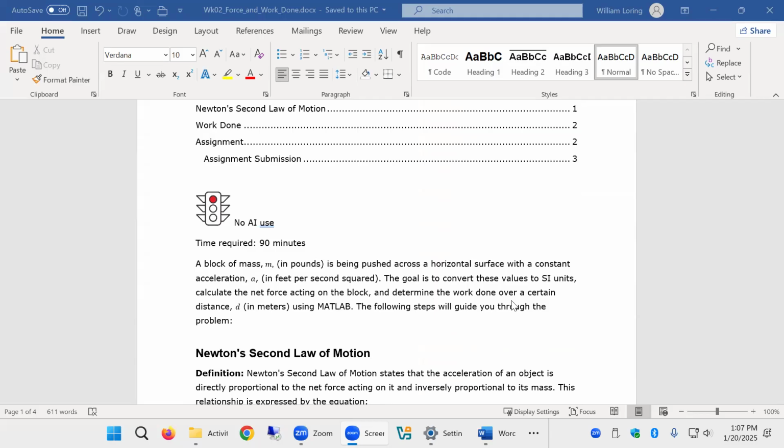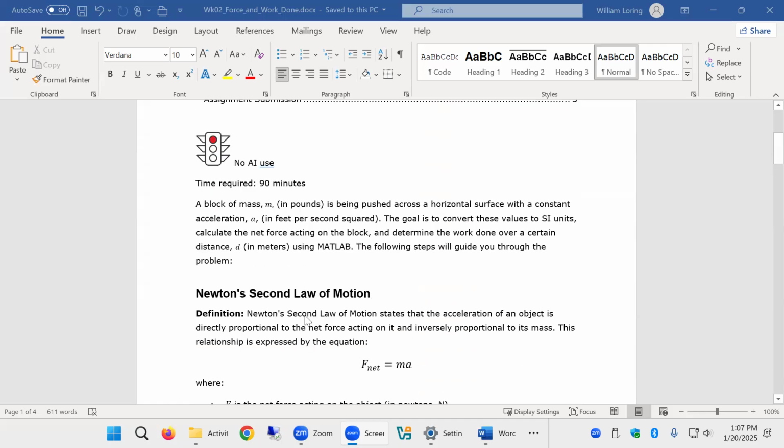Let's say you don't know how to calculate the force or the work done, but the equations are given. Newton's second law says F equals ma. Some of you may have done this before. Are you familiar with F equals ma? You can calculate the force on an object by multiplying its mass and acceleration.